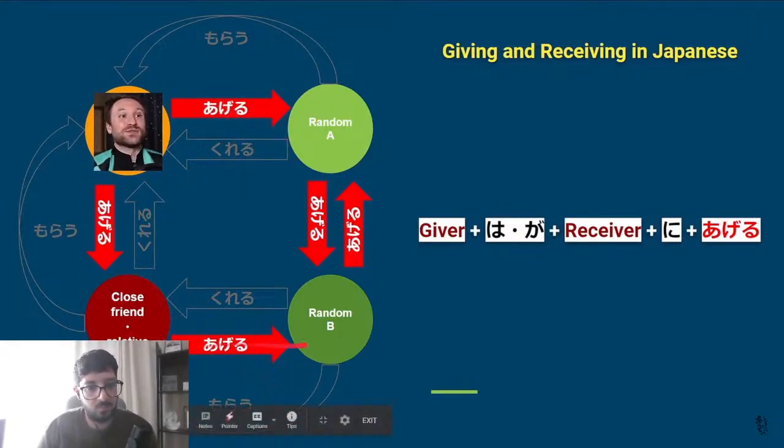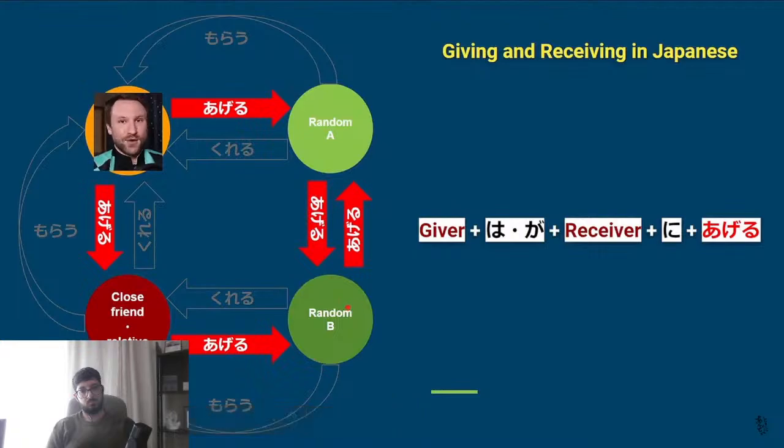Now, if my close friend gives something to someone else, someone random, or even to another family member, close friend wa random B ni ageru. Right? Now, if random person A and random person B are giving stuff back and forth to each other, we use ageru. Only ageru. Just random people that we don't really know. We're just telling a story about how this friend gave something to that friend. Ageru. Not super close to you, like not family. Use ageru always. It's always going to be ageru.